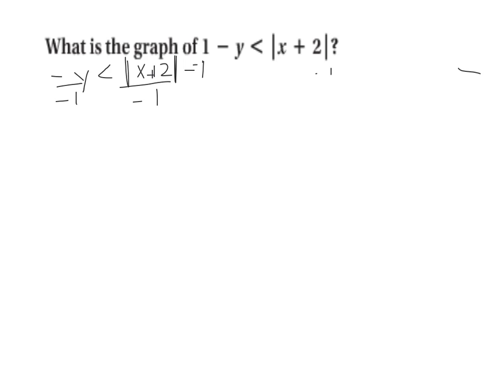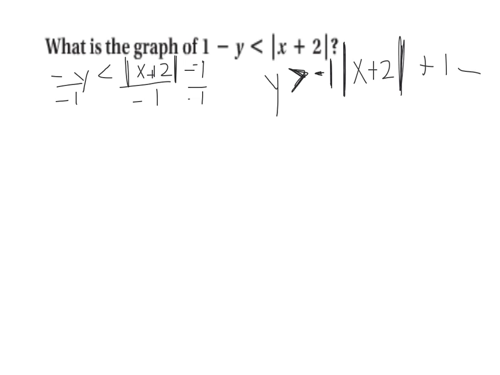So I'm going to divide each term by -1. So the equation I'm actually dealing with here is going to be y. Since I divided by a negative, I have to flip my sign. I'm going to have a -1 out in front here, and then my absolute value of x plus 2. And then this becomes a +1.